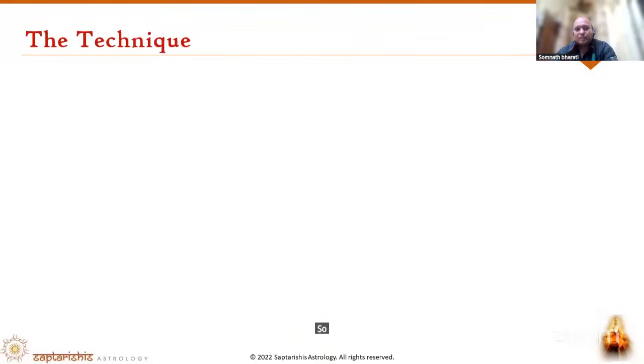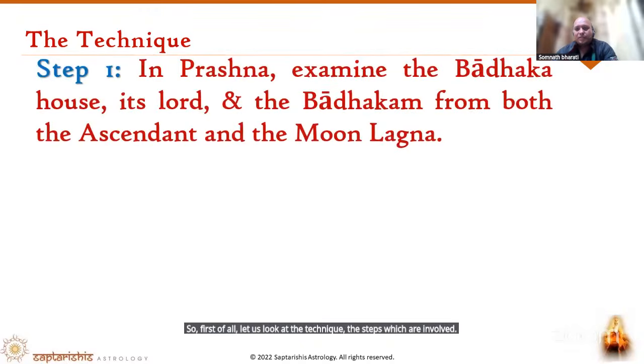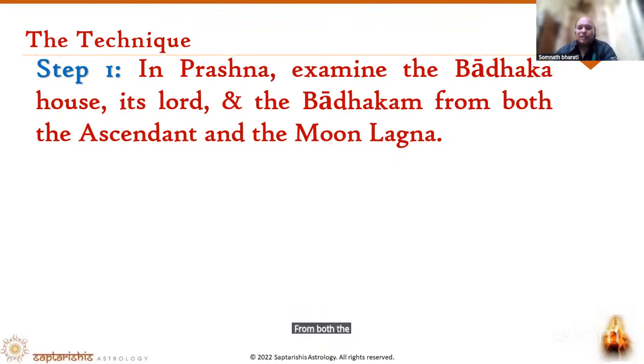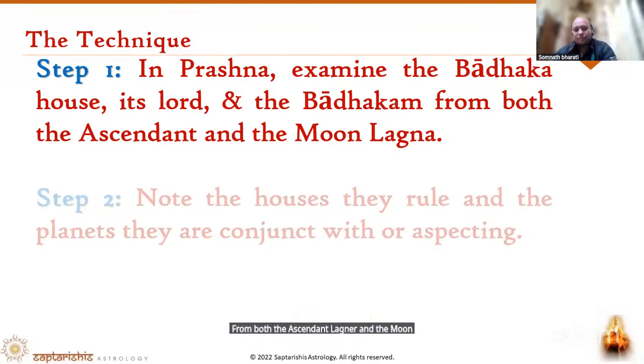So first of all, let us look at the technique, the steps which are involved. In the very first step, we are going to look at the Badhak house in the chart. We are going to look at its lord, that is the Badhakesh, and the planets associated, that is the Badhakam, from both the ascendant Lagna and the Moon Lagna.